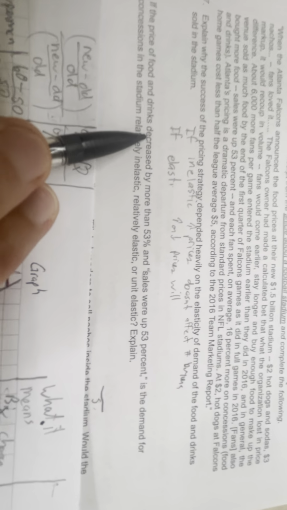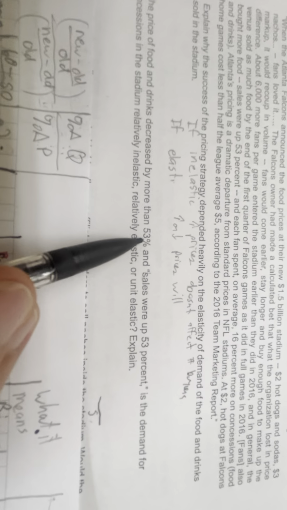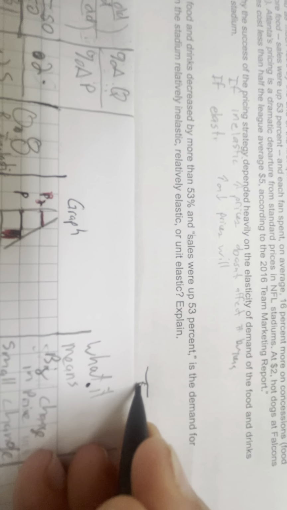It says decrease by more than 53. So I could choose 54, I could choose 55, I could choose 90, doesn't matter. Let's make it 60 just to make a point. So I'm just going to change it to 60 because it's more than 53. Then on the bottom it's going to be 53.